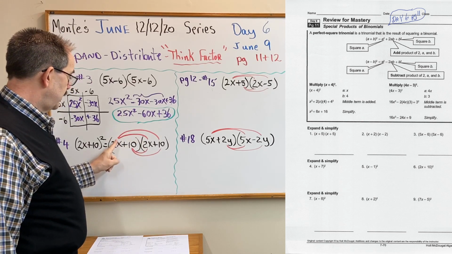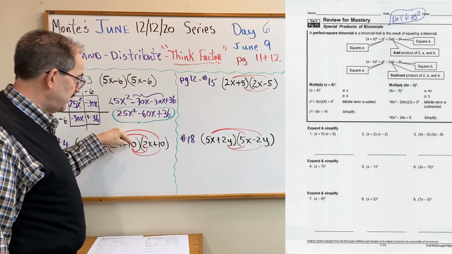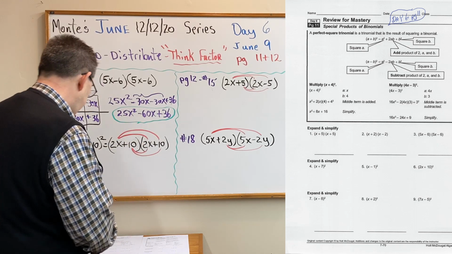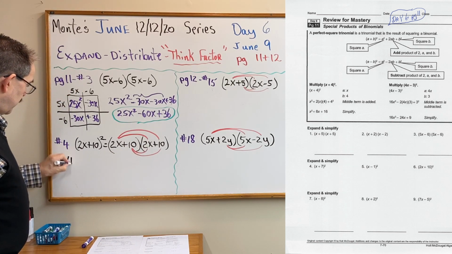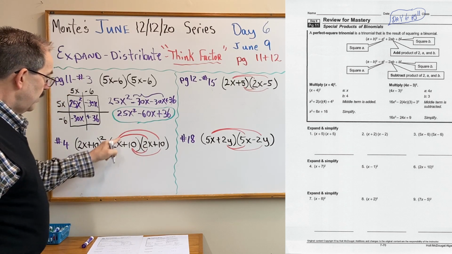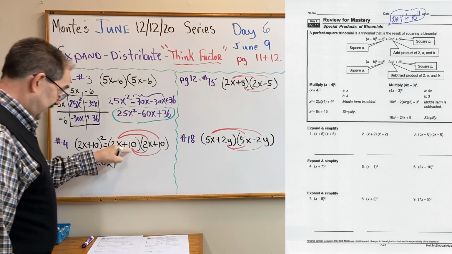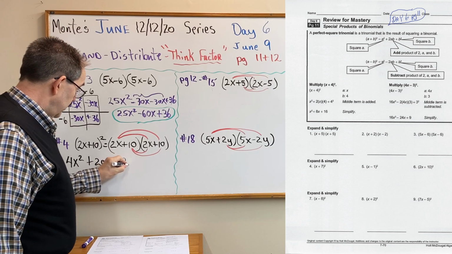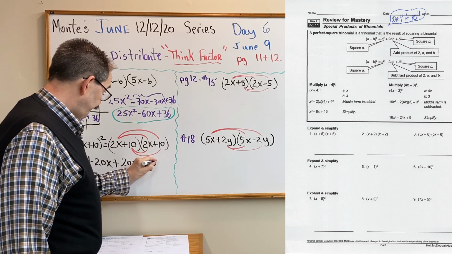First times first, outside times outside, inside times inside, last times last. Okay? Here we go. 2x times 2x, 4x squared. 2x times 10, 20x. 10 times 2x, 20x. And lastly, 10 times 10 is 100.